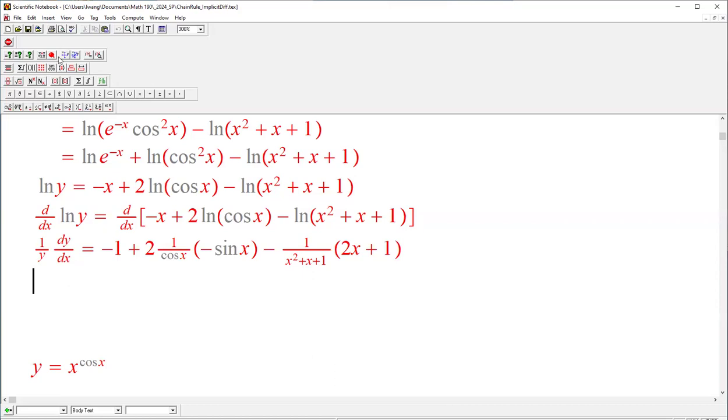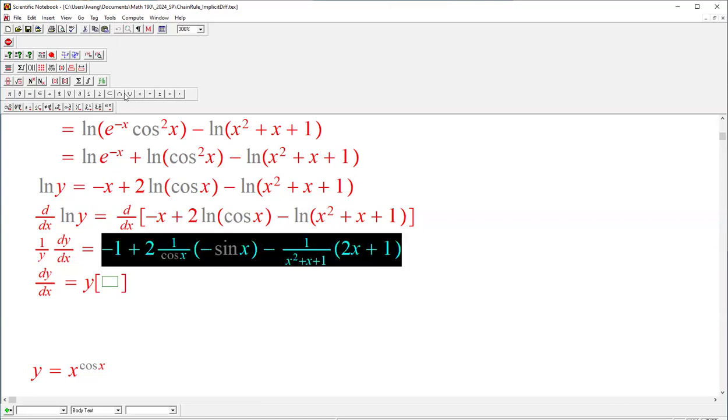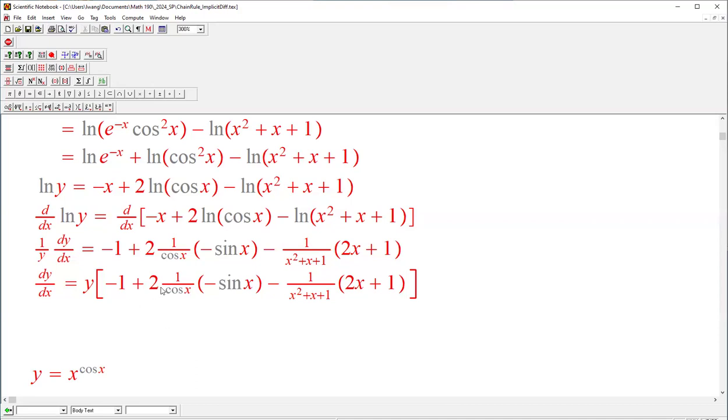Then it comes to the algebra part. We're just solving for dy dx, so multiply both sides by y, and inside the bracket is the whole of that. And of course, we're going to reduce it. So 2 times, this is a negative sign, so I'm going to put the negative sign in the front to remove that.